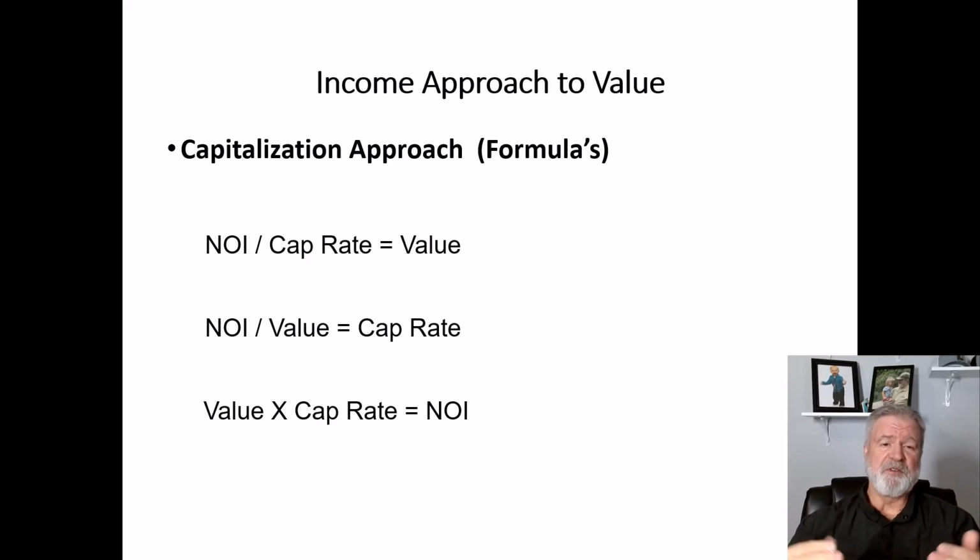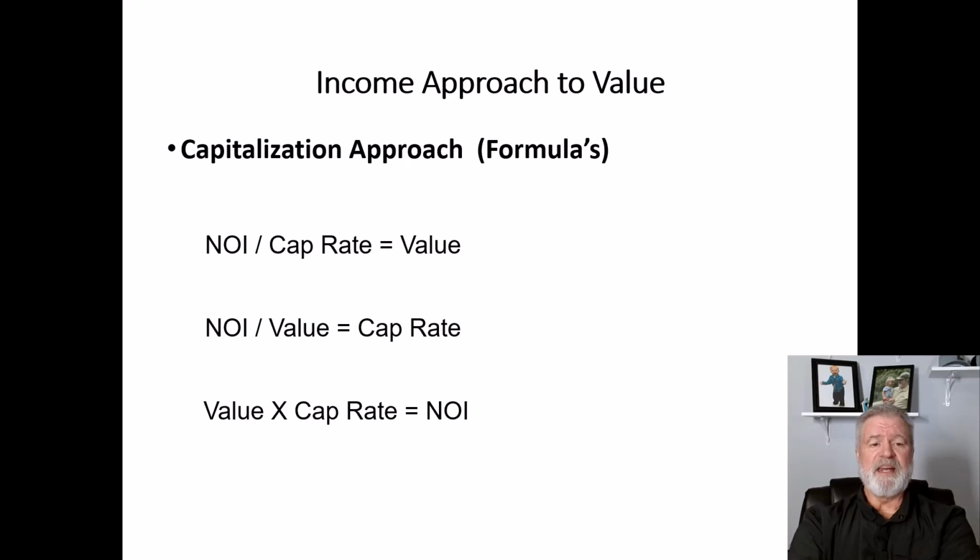So if you're telling me it's an income producing property, then what's the income? That's typically the first thing I need to know, the net operating income. Now, once I know the net income, if I'm trying to figure out the value, then I just divide the net income by the cap rate, and that would give you the value of the property.